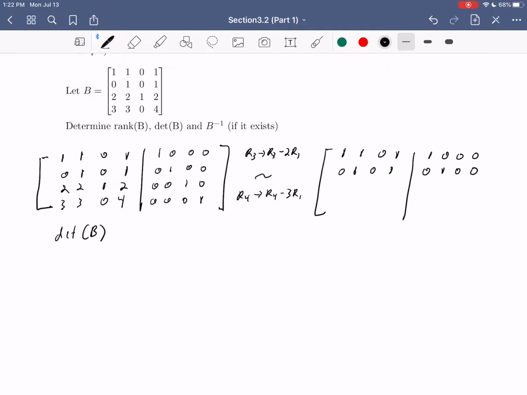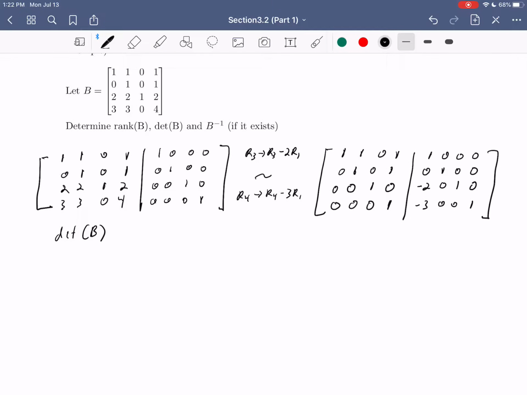Then we're subtracting here, so we get 0, 0, 1, 1, and 2 minus 2, yep, so we get a 0 there. And then we get minus 2, 0, 1, 0. And down here, we're going to get 0, 0, 0, and then 4 minus 3 is 1, so that's going to be a 1, minus 3, 0, 0, 1.